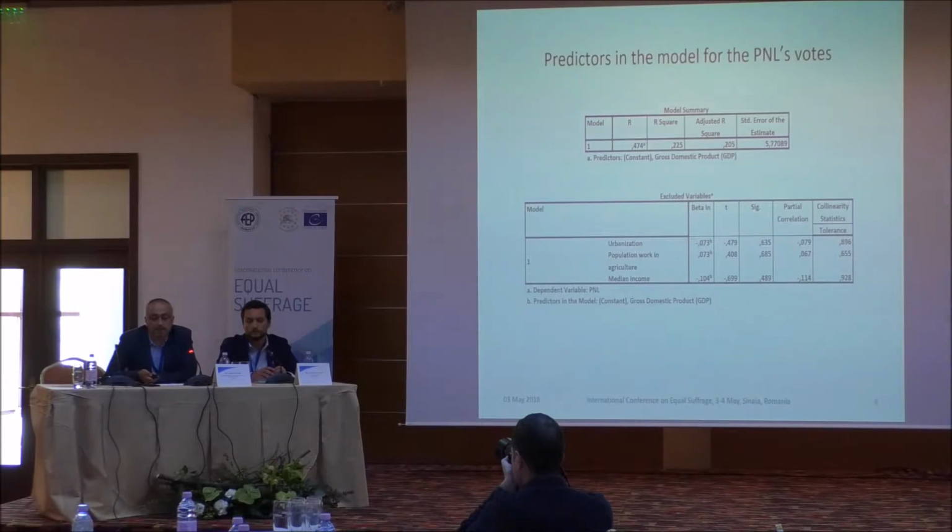But here the R squared is quite minor and insignificant in this case, and for a more accurate analysis we need other explanations. It's not enough to put in the model this kind of variables.